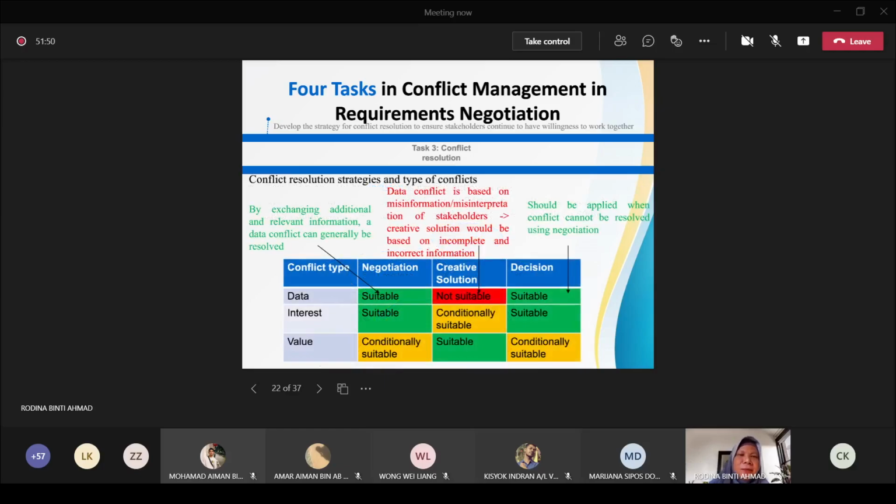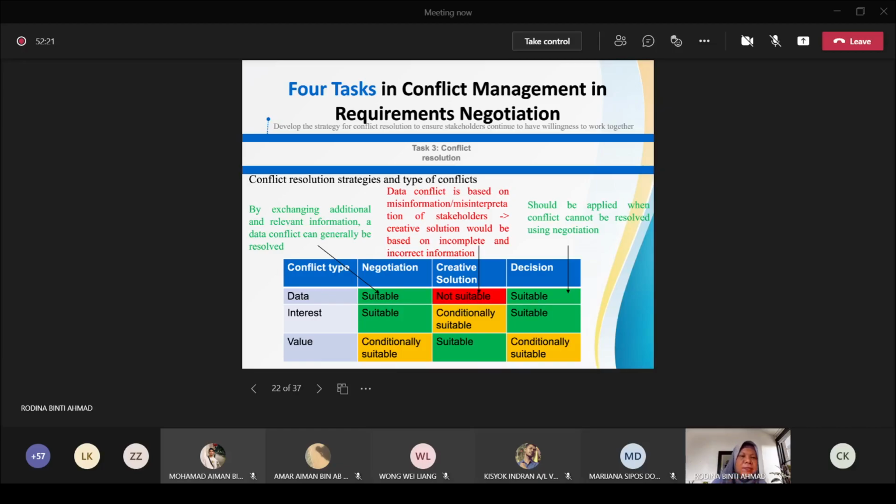Okay, so now we're going to discuss which strategy is best to be used in these three types of conflicts. We also mention again that sometimes it depends so much on the situation. You have to be very sensitive to the situation. We cannot just say, okay, if they have a data conflict, this is the only way to resolve it. That's not necessarily so. We have to be aware, there can be many other factors that influence the strategy we take.